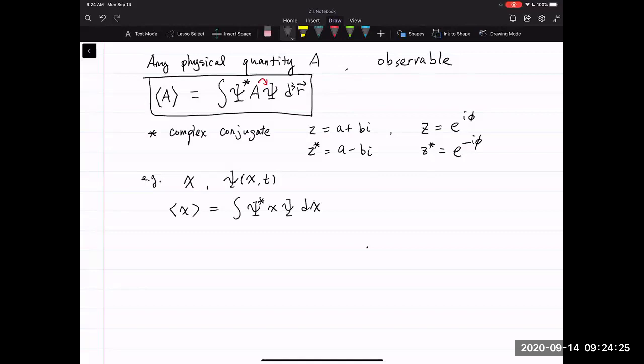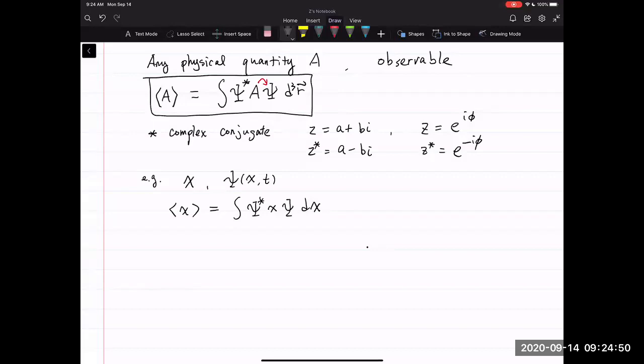Normally, an operator is a differential operator, and then we have to apply the derivative onto this wave function psi. But in the case of X, it's special. The location operator is just this variable itself. So X is not a differential operator, and then we can move this around.